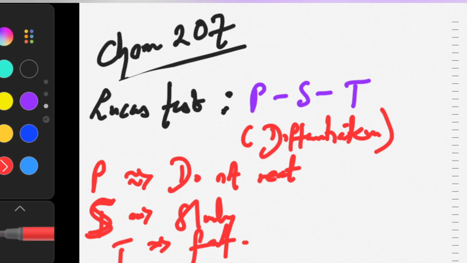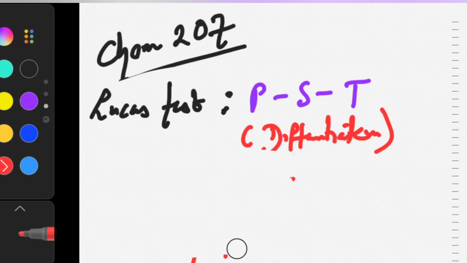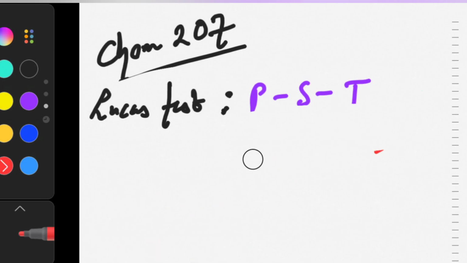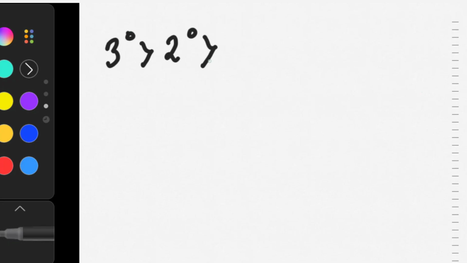Their reactivity is based on the formation of a carbocation. The tertiary carbocation is more stable than the secondary carbocation, which is more stable than the primary carbocation.